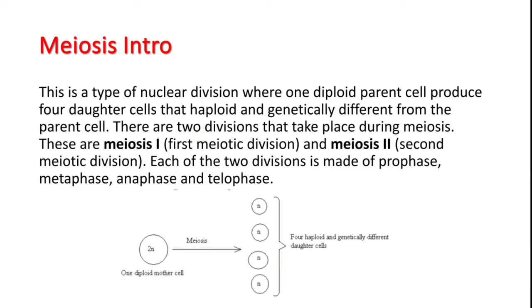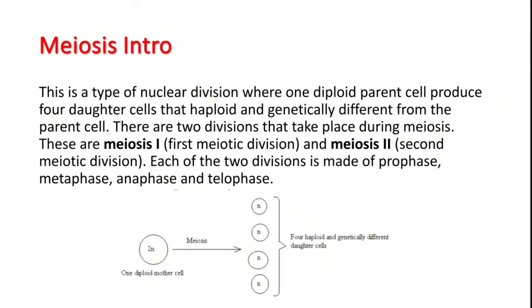Each of the 2 divisions is made of prophase, metaphase, anaphase, and telophase. So that is what we're seeing there. One diploid mother cell or parent cell divides into how many? Into 4. And the 4 haploid cells are genetically different from the parent cell.